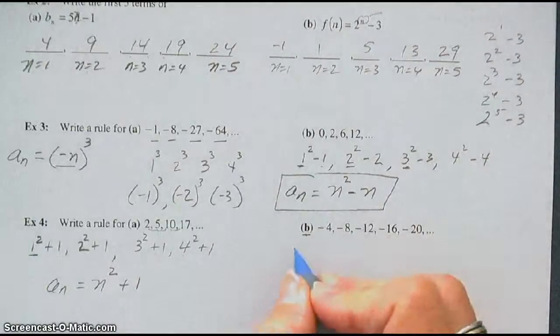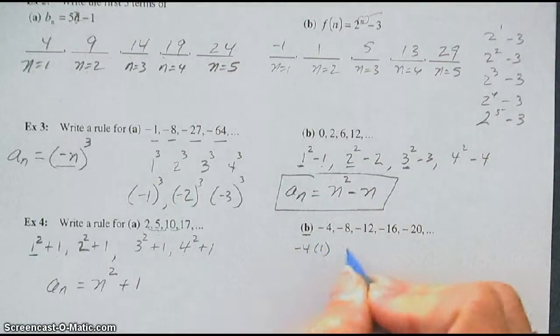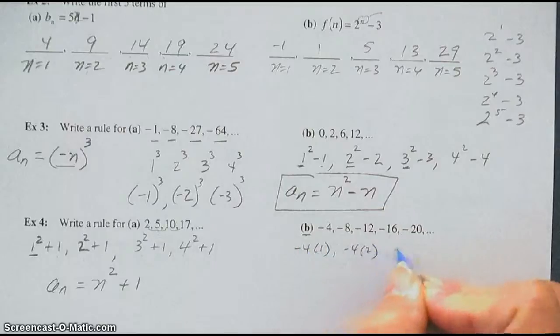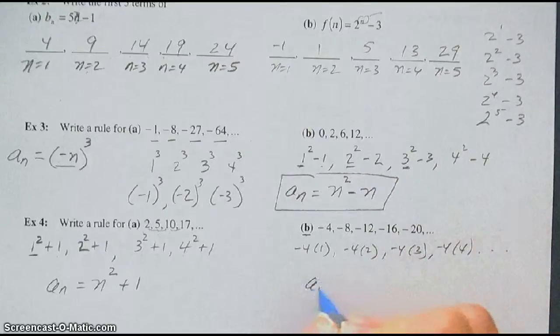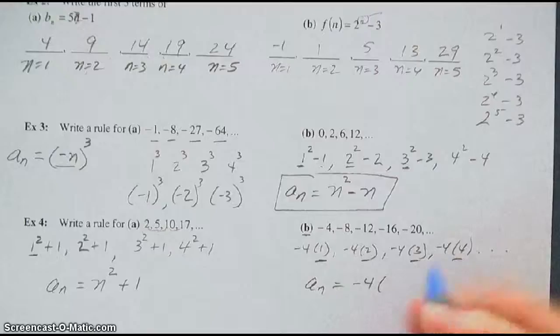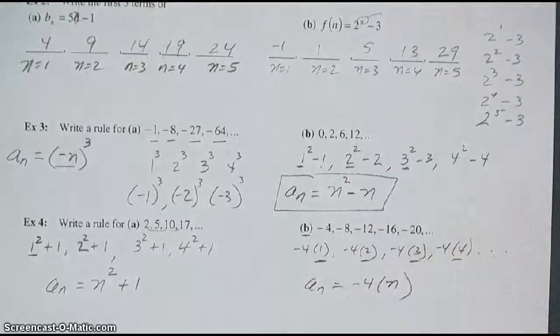In part B, I saw that negative 4 was times 1, negative 4 was times 2, negative 4 was times 3, negative 4 was times 4, and so forth. So my rule would be negative 4, and look at your 1, 2, 3, 4, and that's your n.